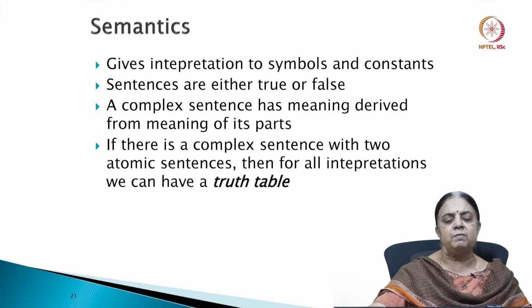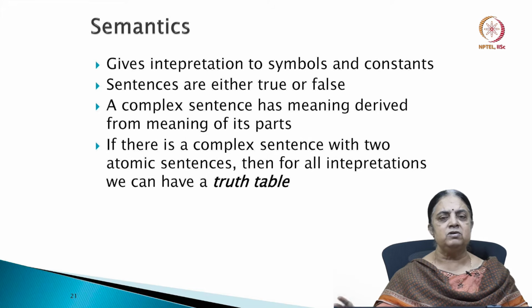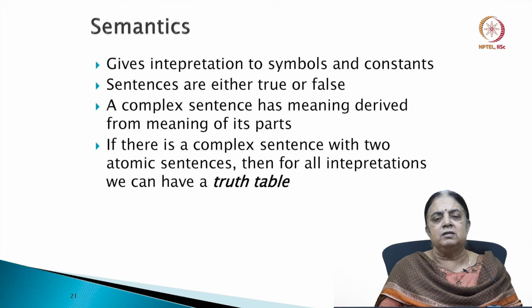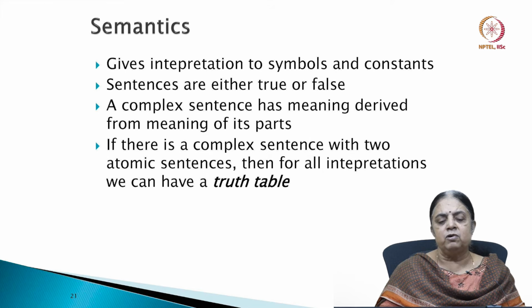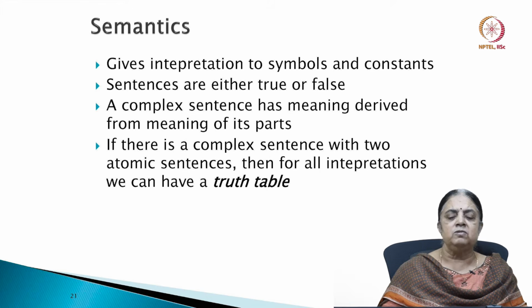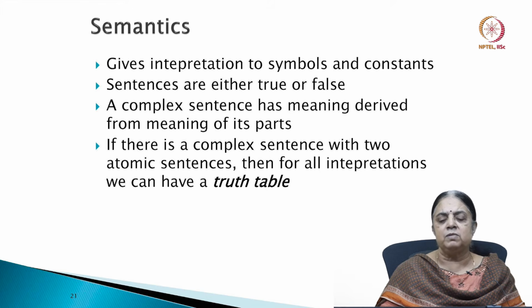And what is the semantics? So the semantics is the important thing, because it is the interpretation of those symbols that we write down. It depends on what the computer interprets that proposition as. Okay, so you give some interpretation to those symbols and the constants and the connectives or whatever you are using.